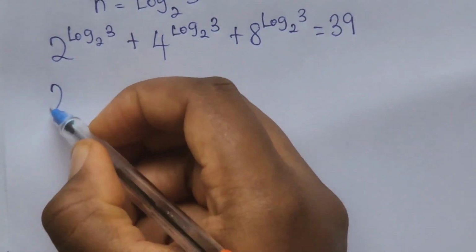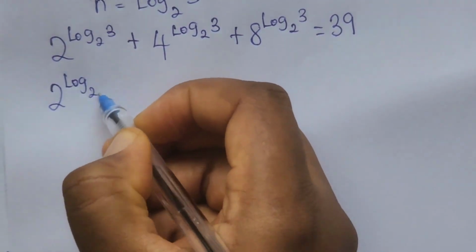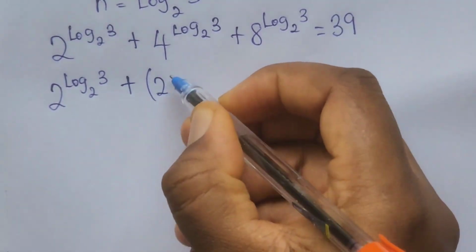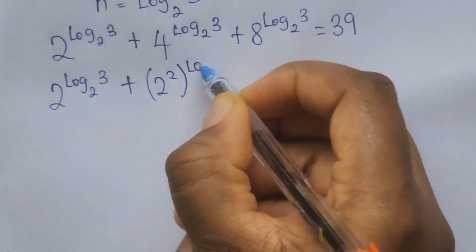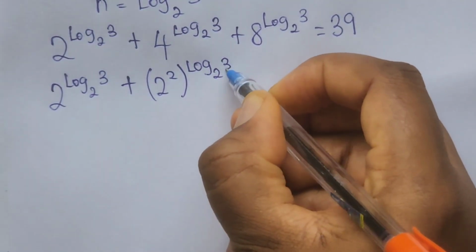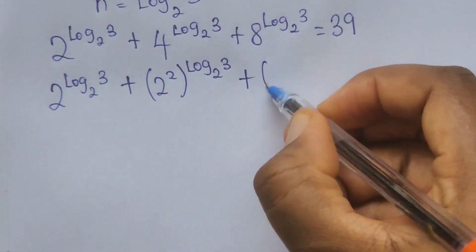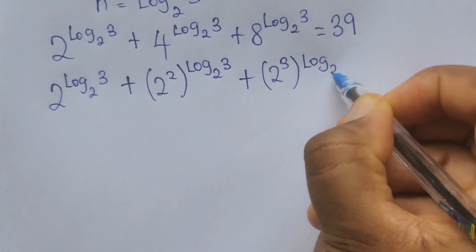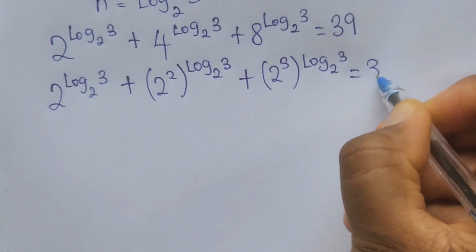So we have 2 to the power of log base 2 of 3 plus 2 to the power of 2 further raised to the power of log base 2 of 3 plus 2 to the power of 3 further raised to the power of log base 2 of 3 to be equal to 39.